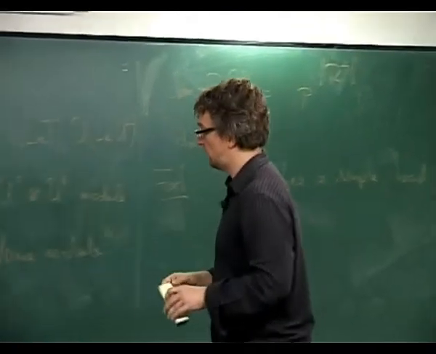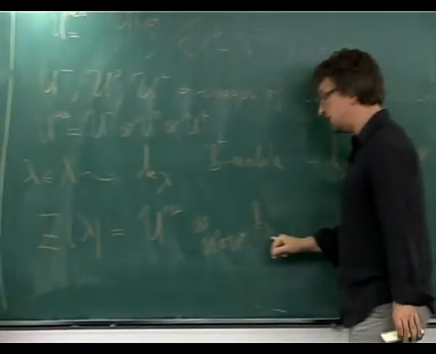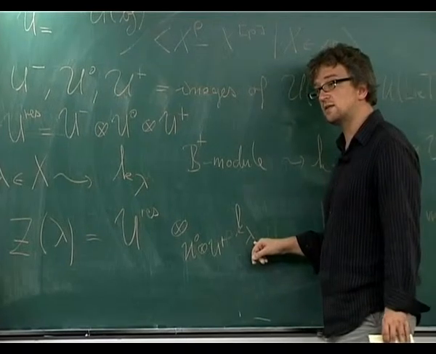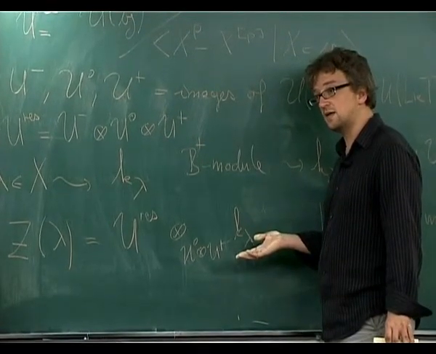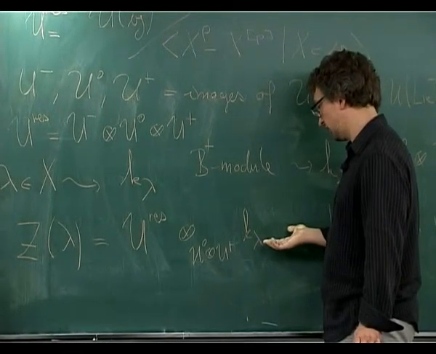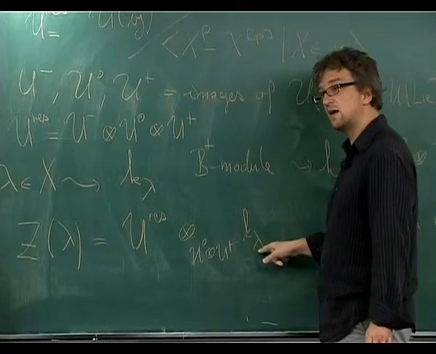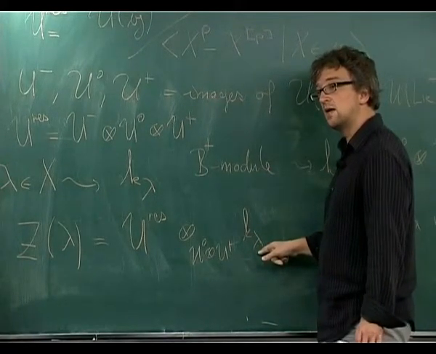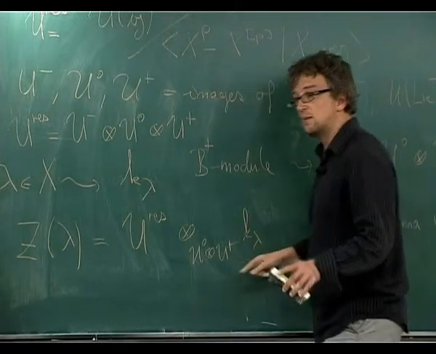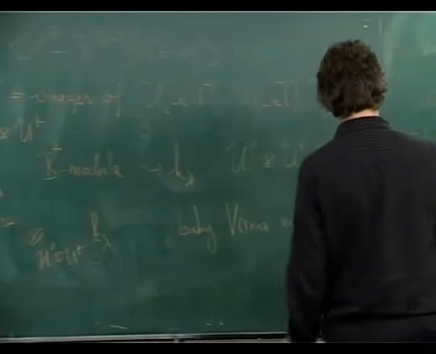The problem is this lambda. Here it occurs only as a differentiated weight. So you cannot recover lambda from K lambda as a module of the Lie algebra, because maybe let me write that down. So now maybe I try the green one.